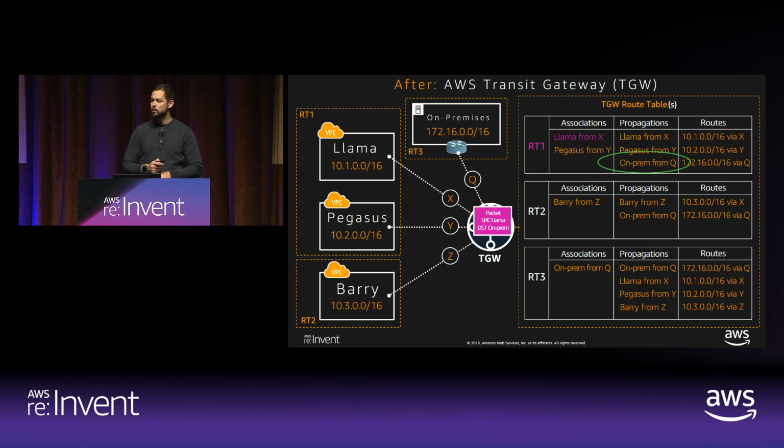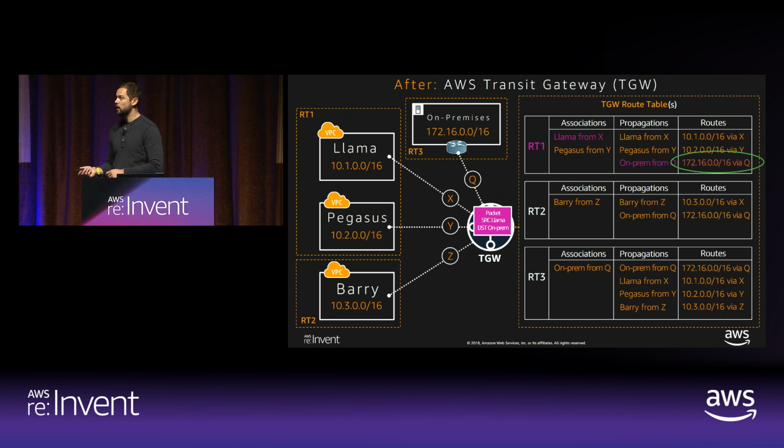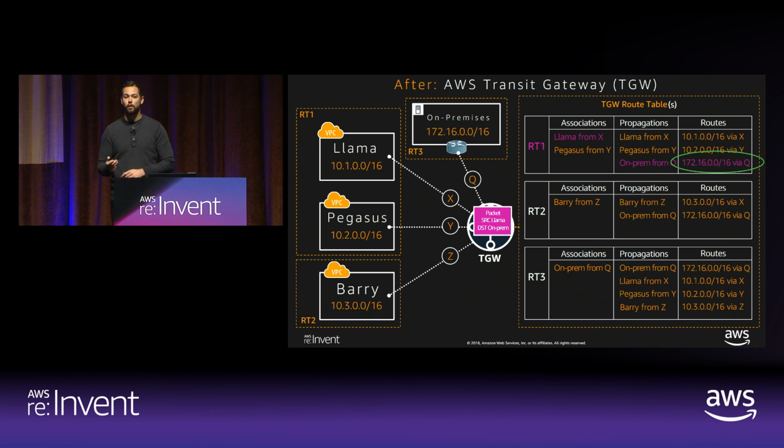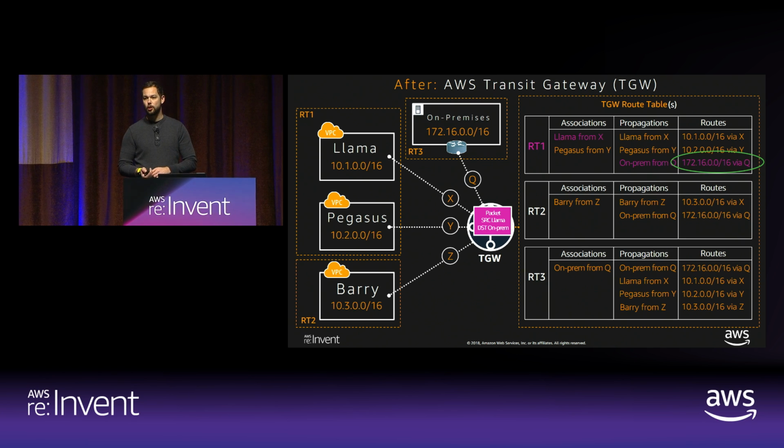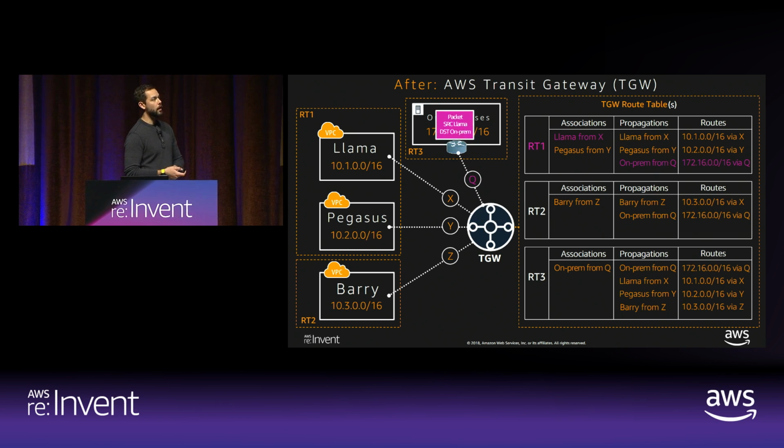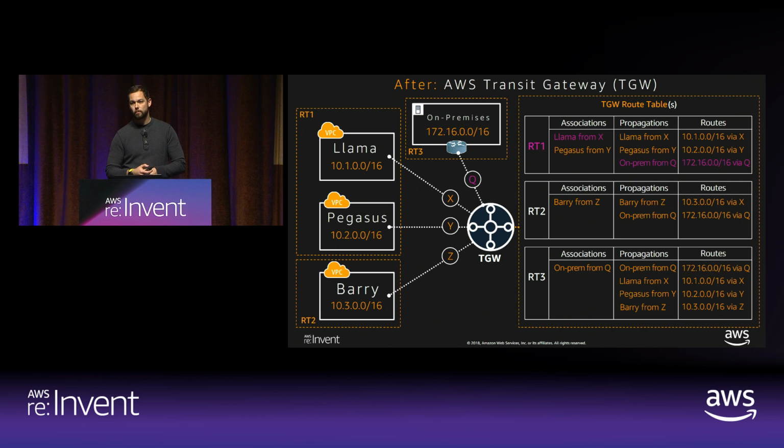Where our destination is the 172.16, which is actually your on-prem from Q, which means we've got a destination for 172.16 or on-prem in the route table via attachment Q. So the TGW does this lookup based on the route table and then says, okay, that's easy. I'm going to send things out via attachment Q. And the packet goes on its way and goes to your on-premises. That's basically how the route table lookup works.